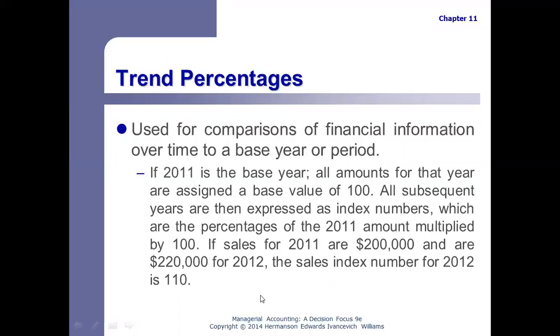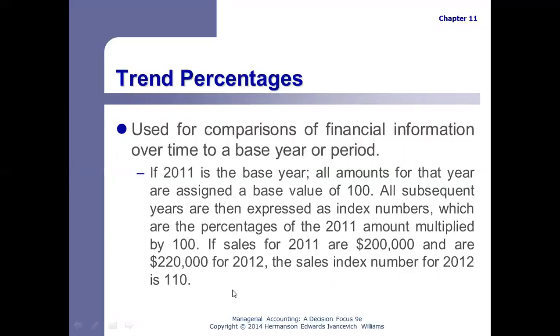It gives you relative sizes of increases or decreases from year to year. The first year is always the base year that we're looking at. So whatever the dollar amount is, the index for that year is 100% because that's what the base year is.